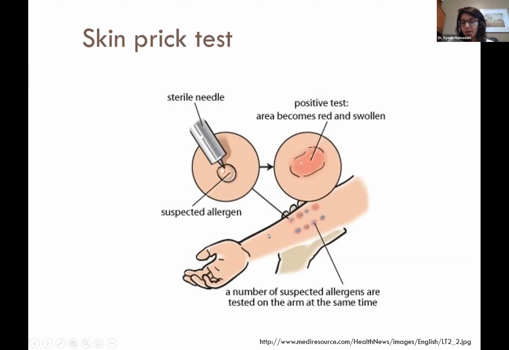And we put a negative and a positive control on the skin to know what a negative should look like, what a positive should look like. And then we compare those two results to the different allergens that we're testing for. And depending on the wheal and the flare, meaning the size of the elevation of the skin and the redness around it, that gives us a better idea of what positive results are and what negative results are.